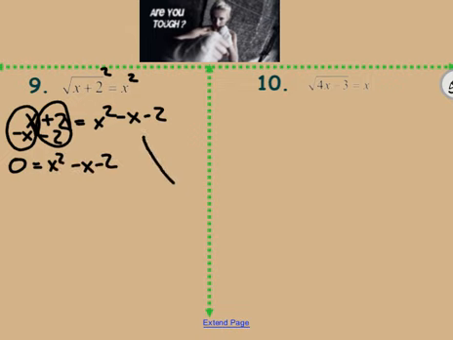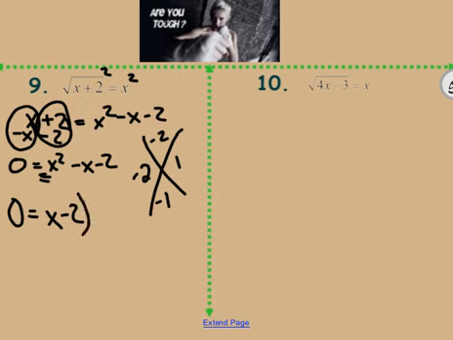When I do that, I should be able to factor it. 1 times negative 2 is negative 2. And this is negative 1. So I would argue negative 2 times 1 would be how I'd split this up. So since this coefficient of a is 1, you can actually just look at your values, and this needed to be x minus 2, x plus 1.